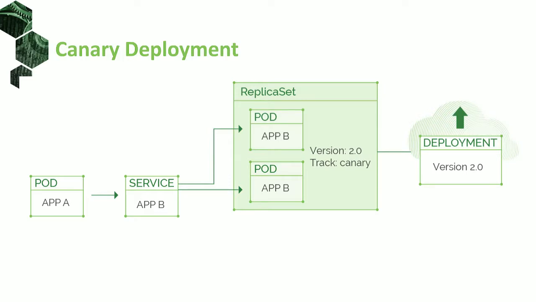The service that we have in Kubernetes by default does just simple round robin. So there is no way to make the service redirect 99% of the traffic to the old version and 1% of the traffic to the new version.